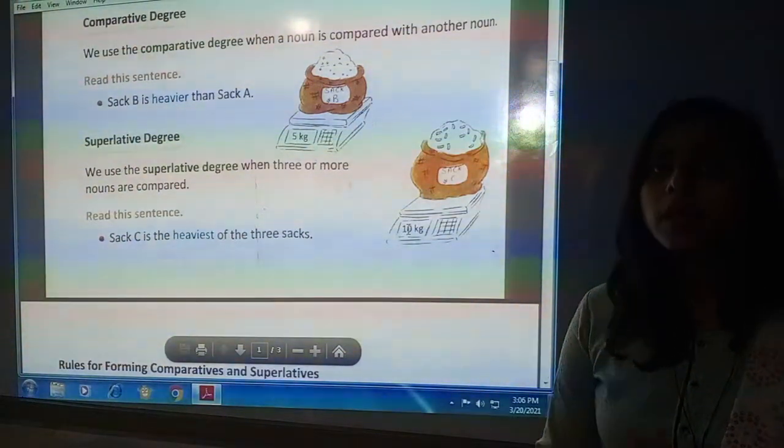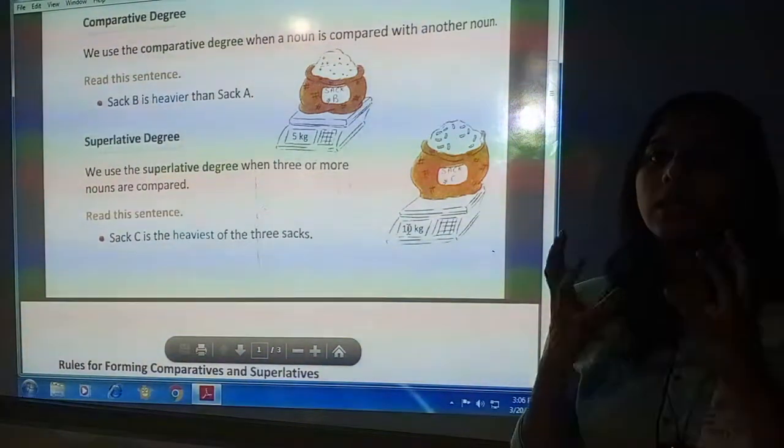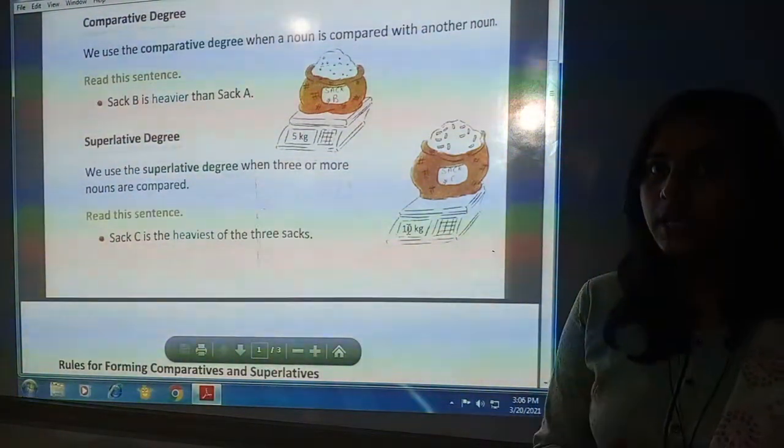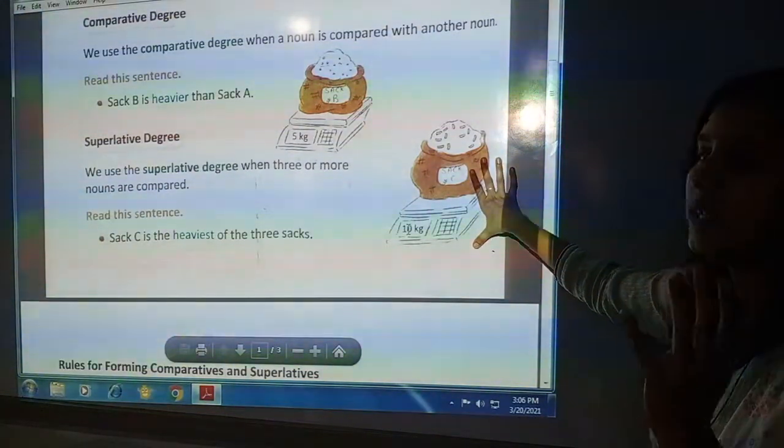So in this way the comparison helps to describe the adjective more clearly, more emphatically. Okay, so this was the degree.